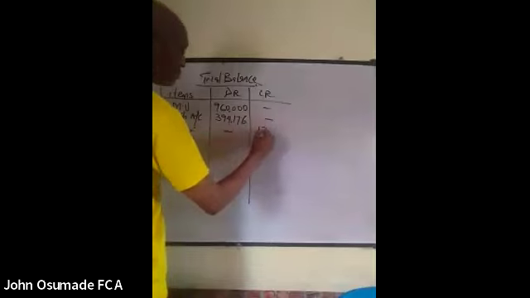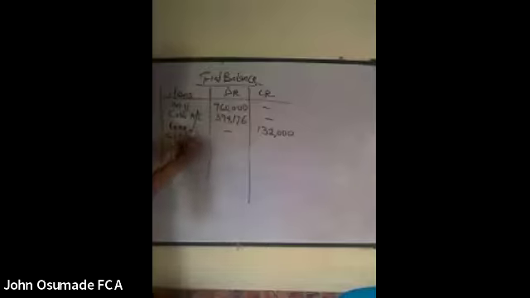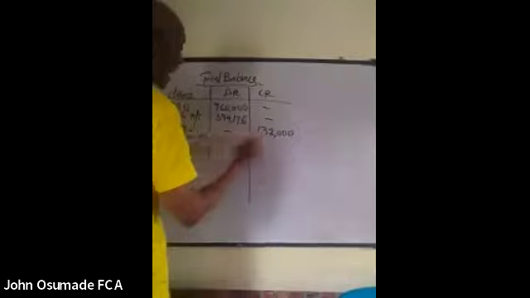Credit side. Next. Capital account. Figure. 1,485,000.